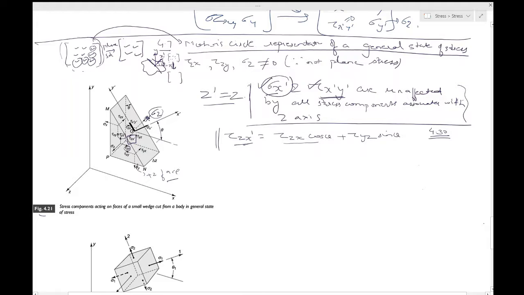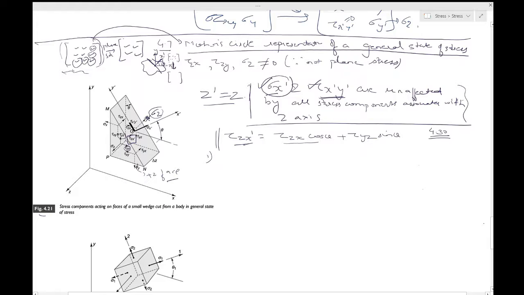So as a consequence of our investigation of the general state of stress, remember this general state of stress which we had at the start, we may conclude two things based on what we have just observed.